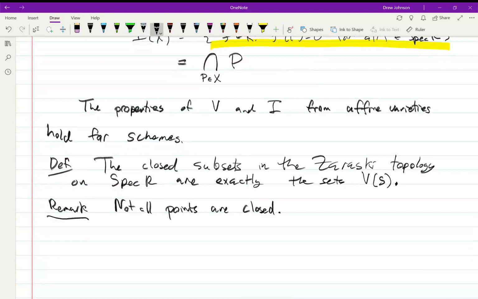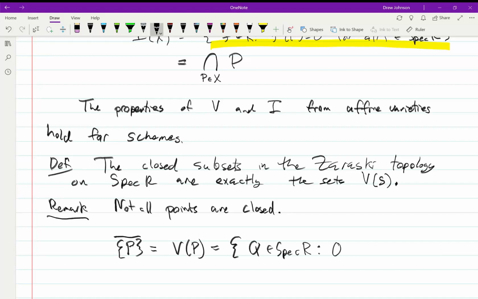In fact, if you take a prime ideal P, a singleton set, and take its closure according to the Zariski topology, it's going to be all the prime ideals Q in Spec R such that Q contains P, right?